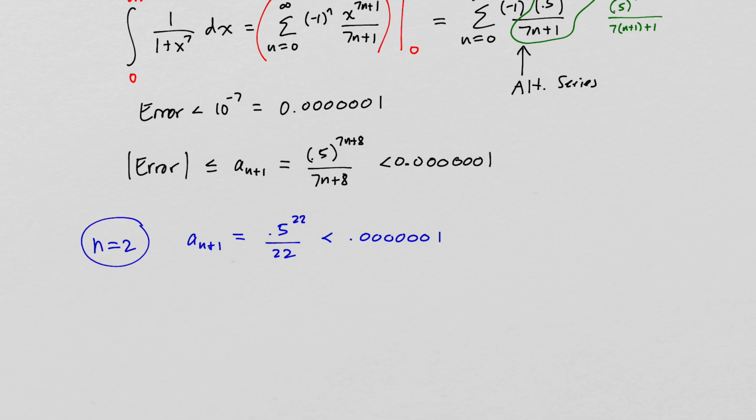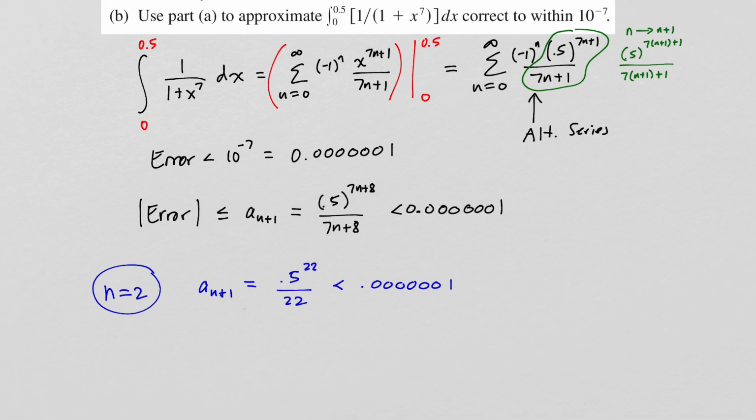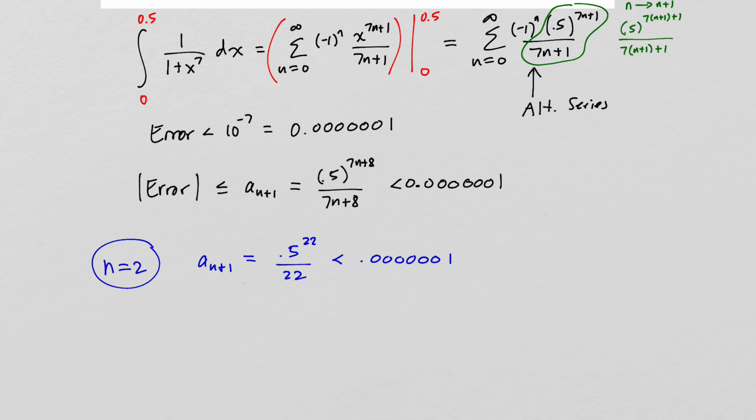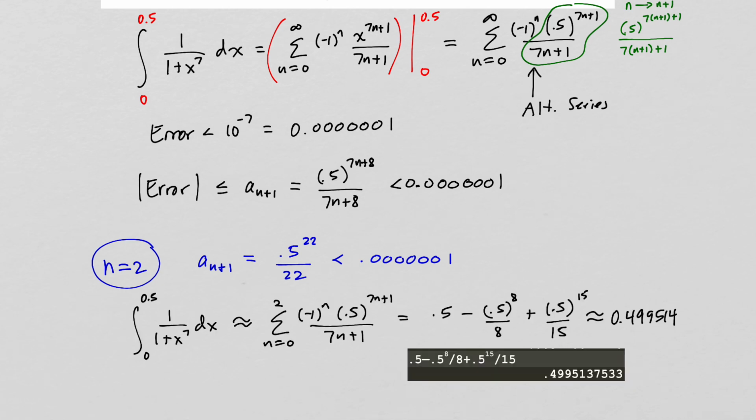So n equals 2 is the answer, which means to approximate this integral, we have to add up this series here, from n equals 0 to 2. And so when we do that, here's what we get. So the approximate value of this integral is 0.4995514.